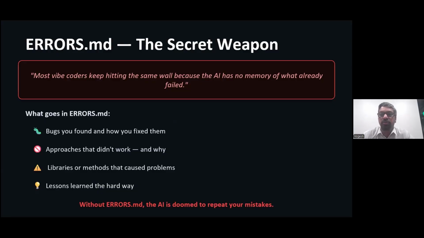It could be because of your platform or because of the server that you are using, something which doesn't let a particular type of fix work. Similarly, libraries or methods that cause problems. So if you know that a particular CSS library or JavaScript library has an issue, those can be listed here as well, so the AI is aware of it.